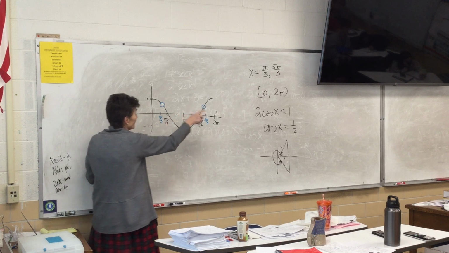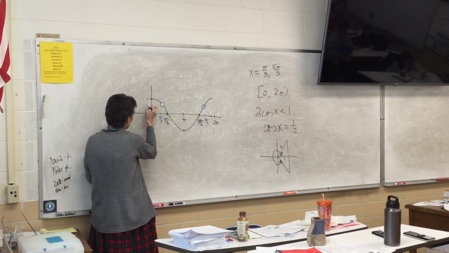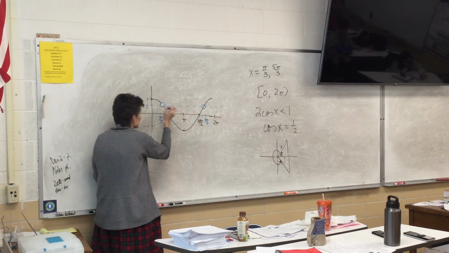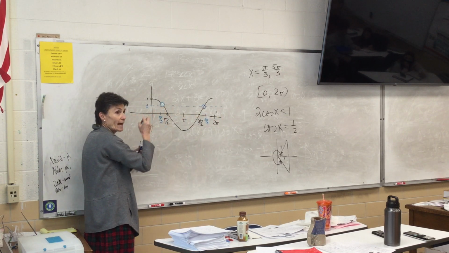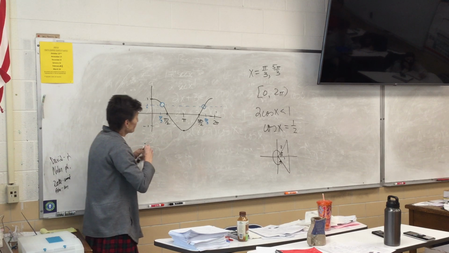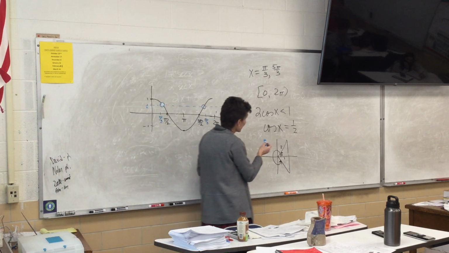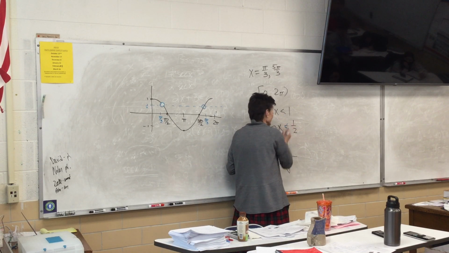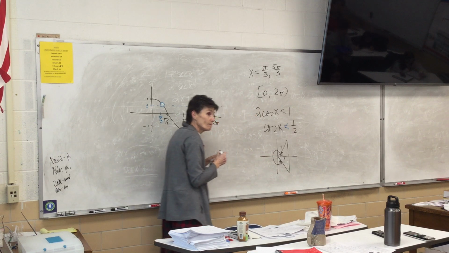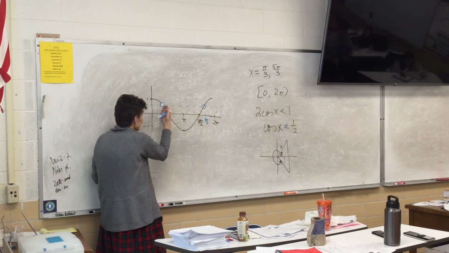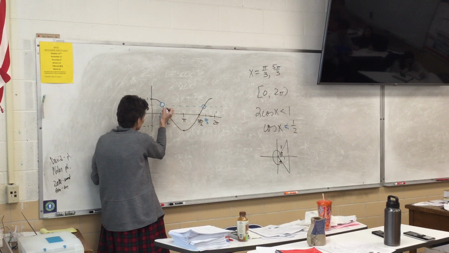Now remember, I want the cosine to be 1/2. So doesn't it make sense that that is where the cosine is 1/2? But the problem says I don't want it to actually equal 1/2. I want it to be less than 1/2. So where is the cosine curve less than 1/2?